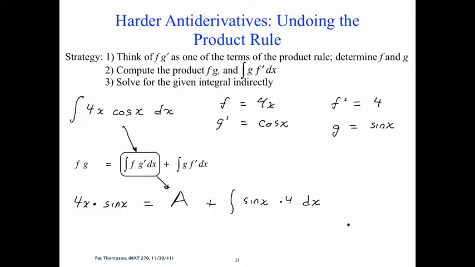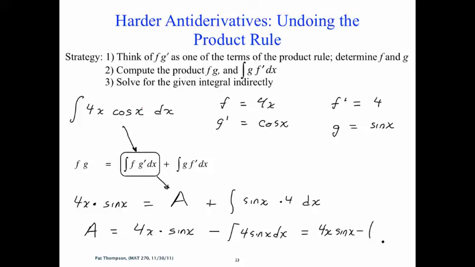And so then how do we solve for the answer? A equals what? This minus this. So this just stays as it is, and then what's the integral of 4 sine x? That should be an easy one by now.